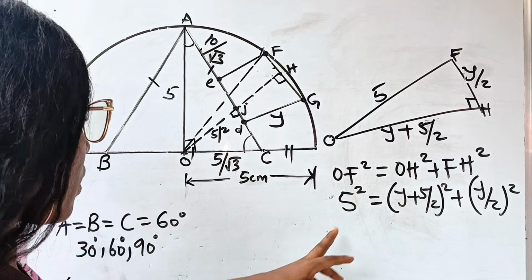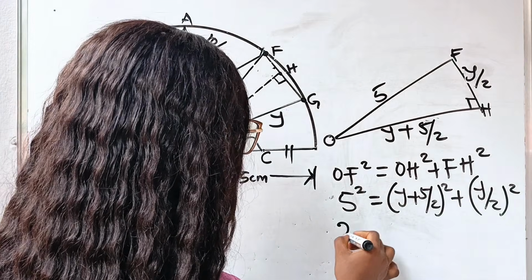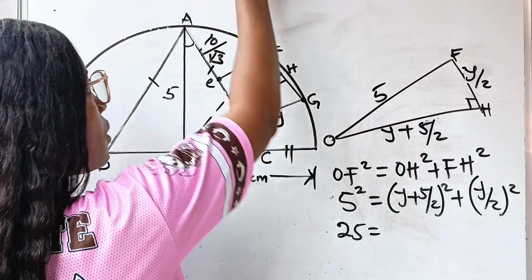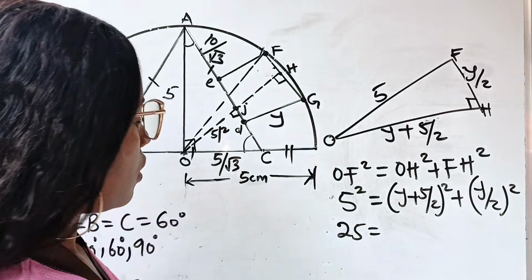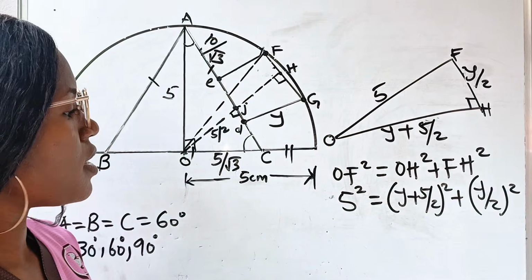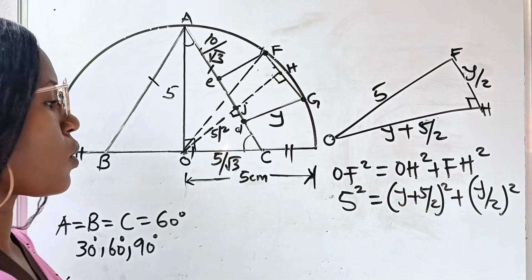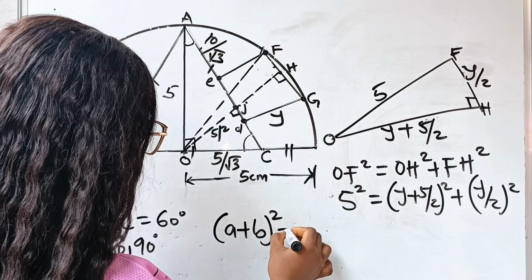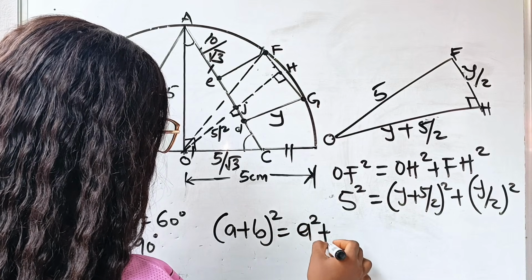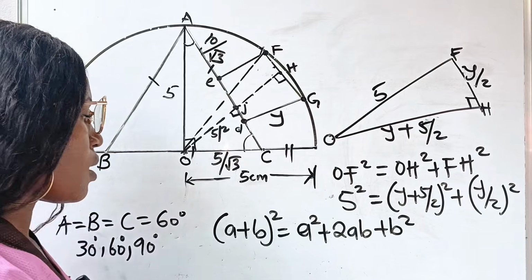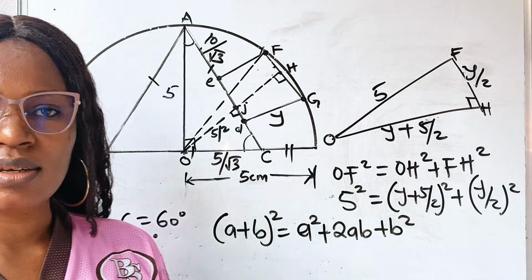Solving for that, 5 squared is 25. This is equal to, if we use the algebra identity that states that (a plus b) squared equals a squared plus 2ab plus b squared, then we are going to expand this way.